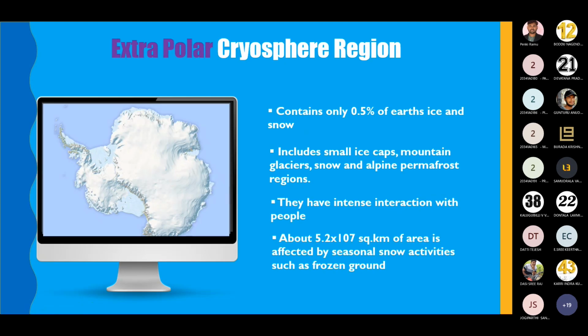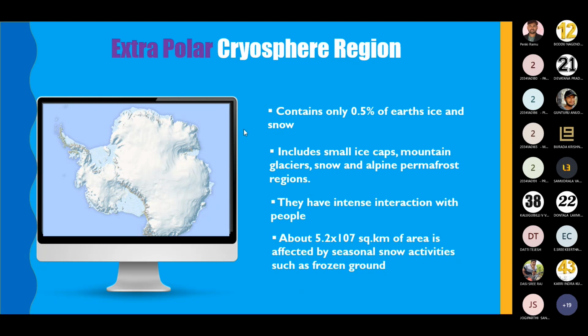It contains only 0.5% of the Earth's ice, and it includes a wide variety of cryosphere components such as ice caps, mountain glaciers, snow, permafrost, etc. But the strange thing is, this 0.5% of the Earth's ice has immense interaction with humans.